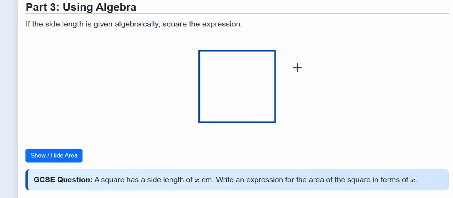We know area A of a square is given by length squared, or length multiplied by length, because all sides are equal. Now here we are told the length itself is x centimeters.